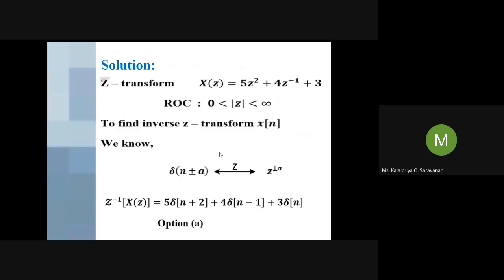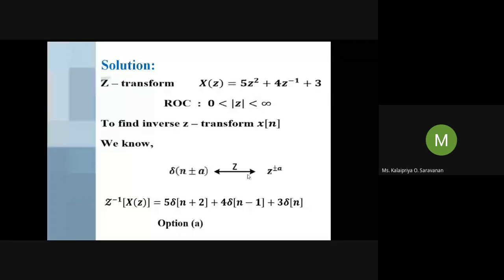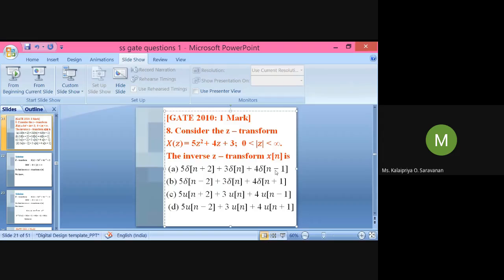Do you remember this point, del of n plus or minus a on Z transform gives you z power plus or minus a? Where did we see this expression? We saw it in a different format. Look at here.